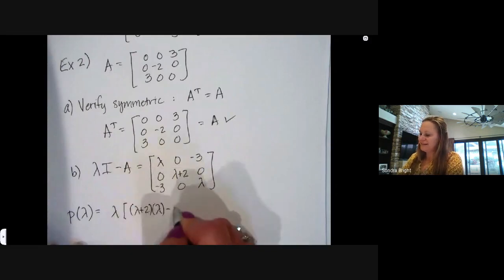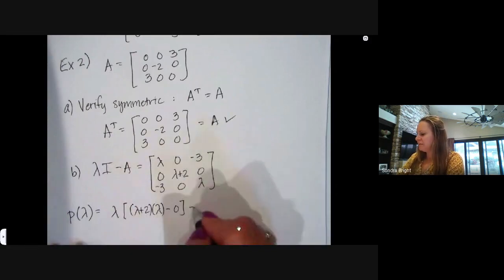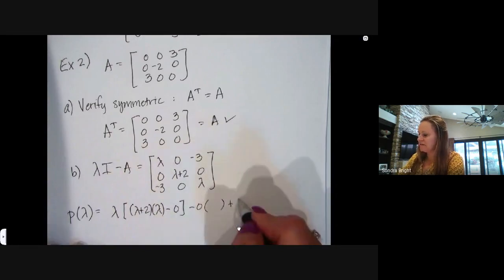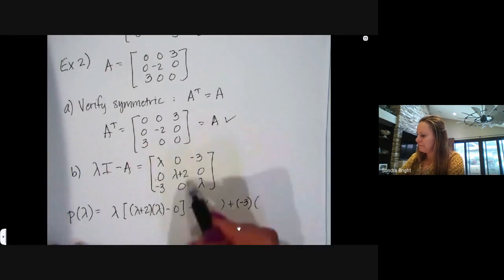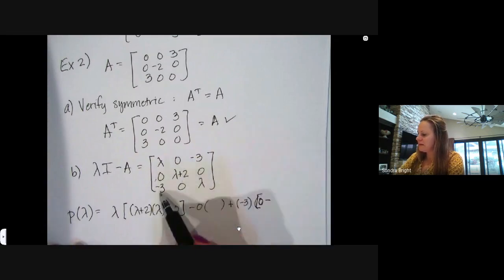And then a plus, now that's a -3 times the determinant of these guys, which would be 0 minus a lambda plus 2 times a -3.